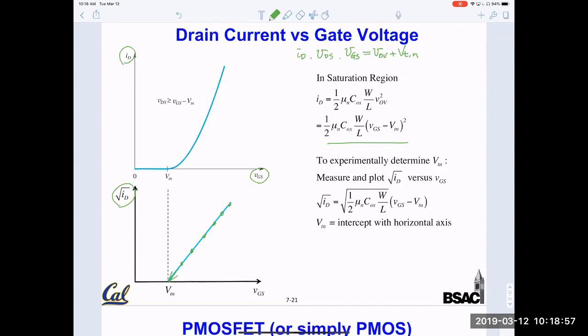So this is how you can find the threshold voltage experimentally, if you don't know it. I would encourage you to try that in the lab. I think it may be required, but even if it is not required, just to verify whether what we learned is correct or not.